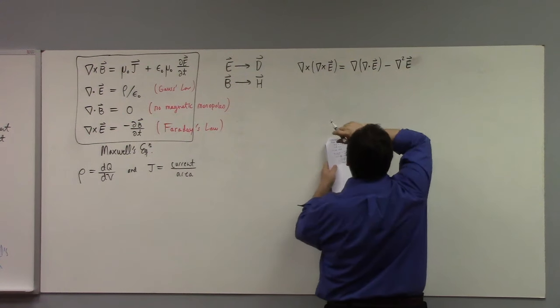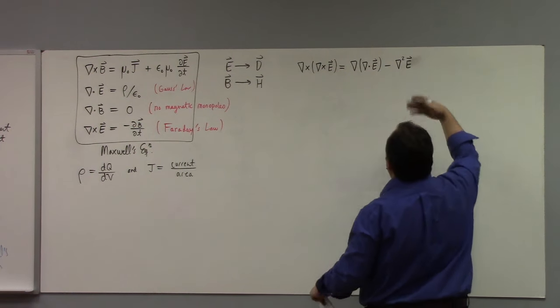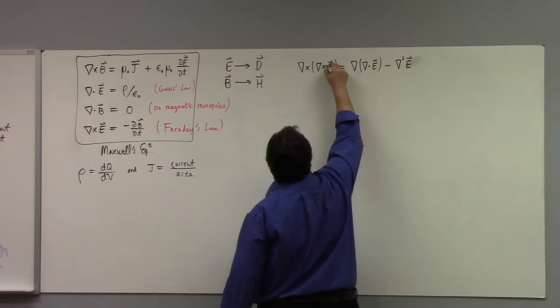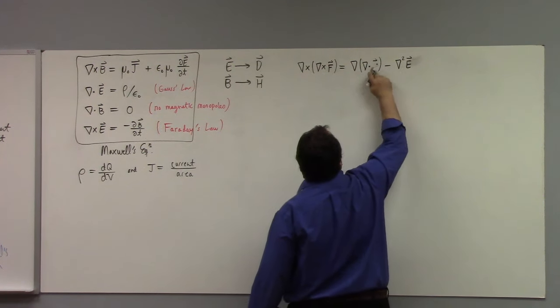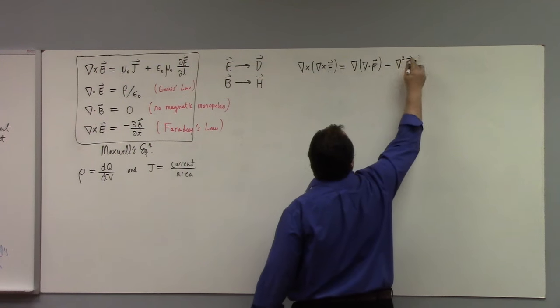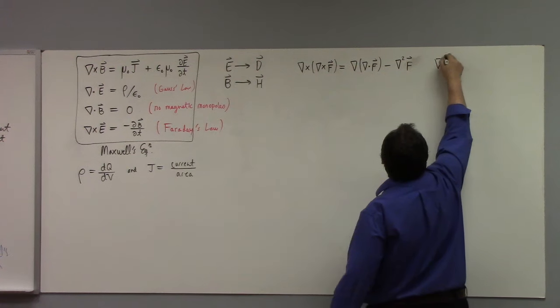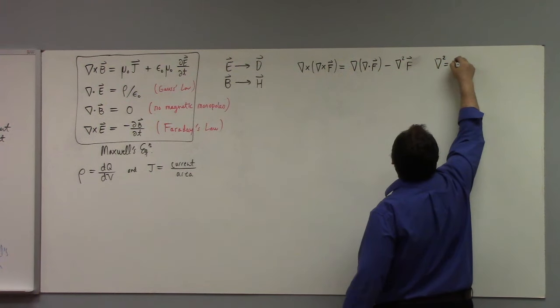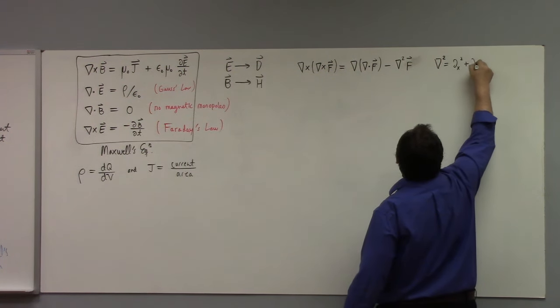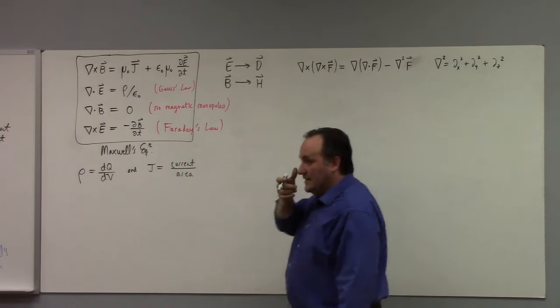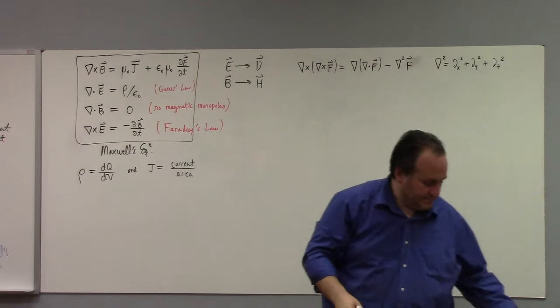Right? So forget about E for a second here. Let's just talk about an arbitrary vector field F. This is an identity of vector calculus. So this nabla squared in Cartesians is partial x squared plus partial y squared plus partial z squared, okay?